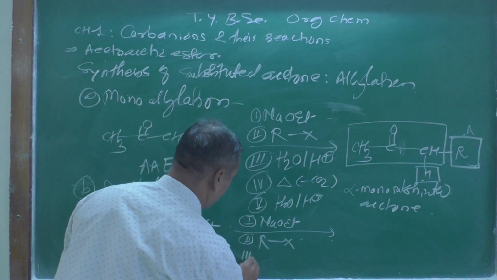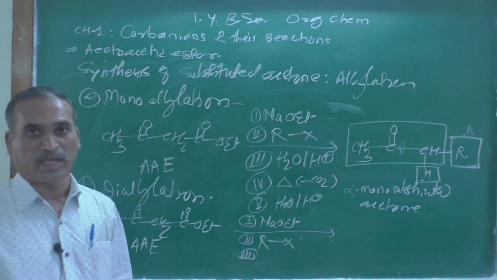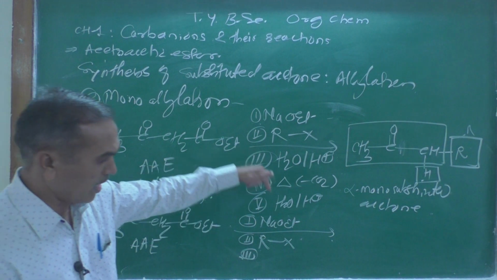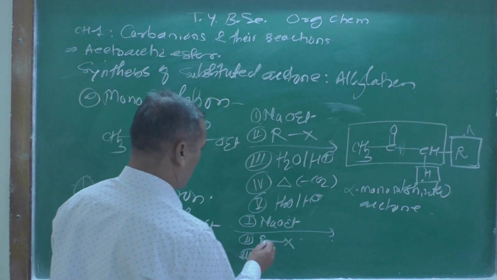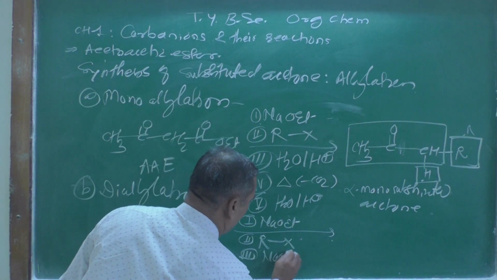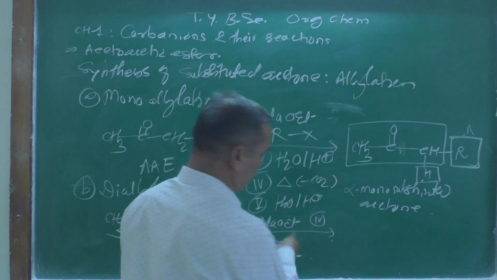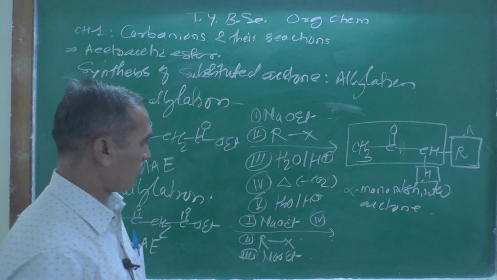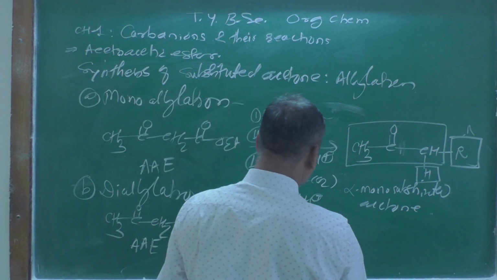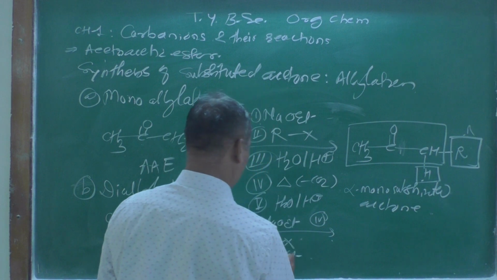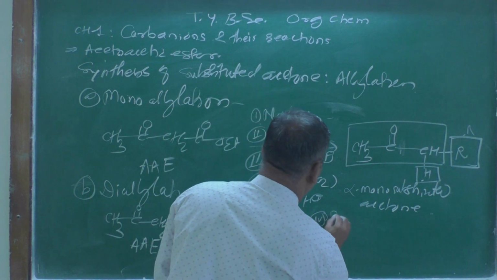Then in the third step, what you are going to do next? Third step, you again use sodium ethoxide NaOEt, and then in the fourth step, I am writing here because there is no space available here. Fourth one will be the RX.